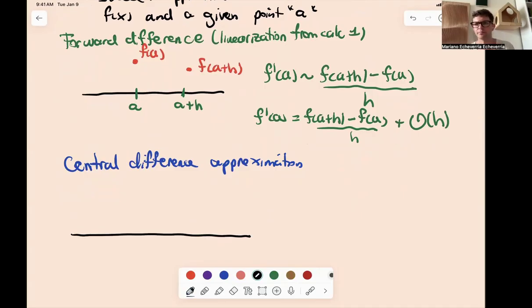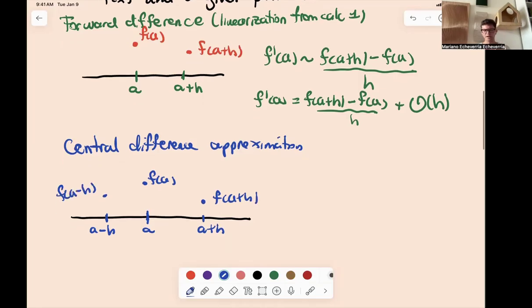Well, it's kind of like the name suggests: you center the point a. So you have a, you have a plus h, but it's a little more symmetric because you also consider a minus h. So you have here the value f of a, here the value f of a plus h, and let me draw here f of a minus h.